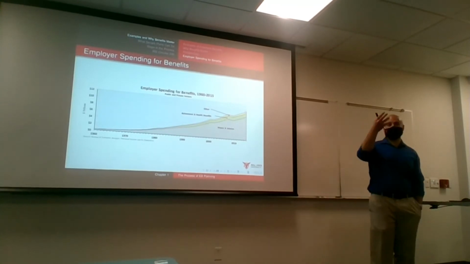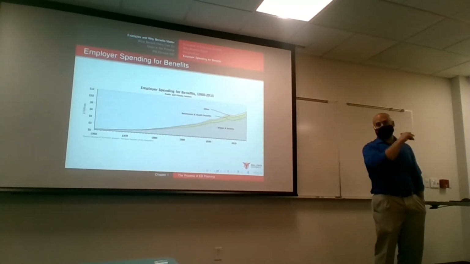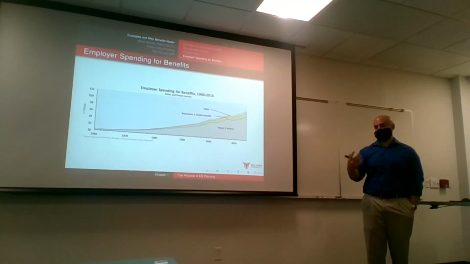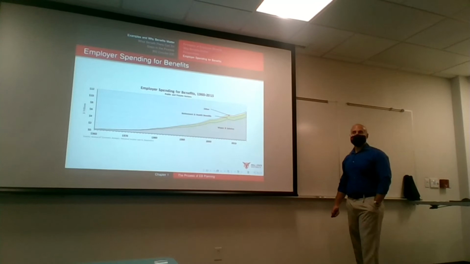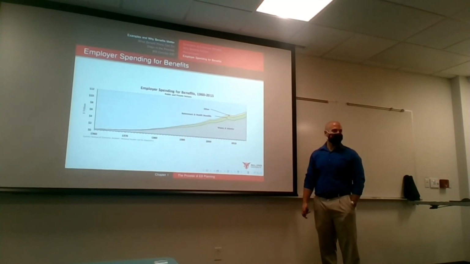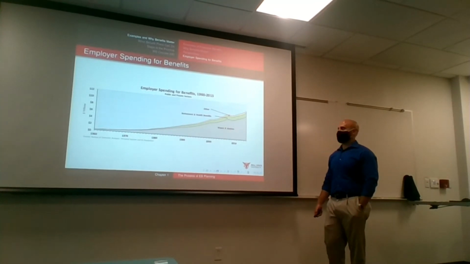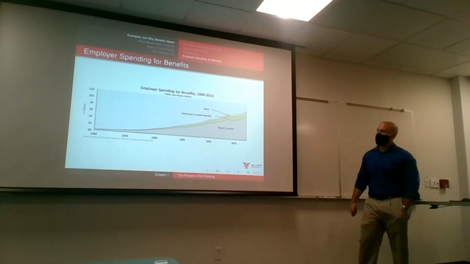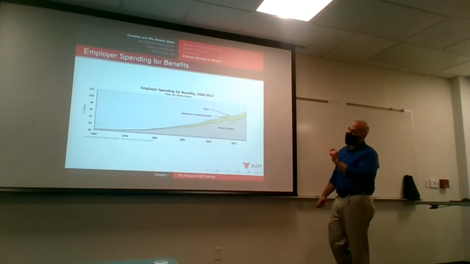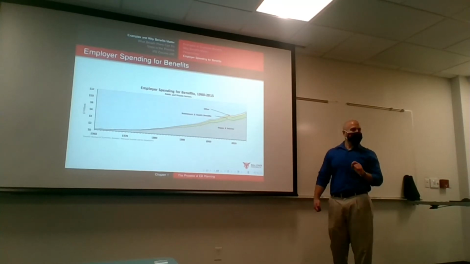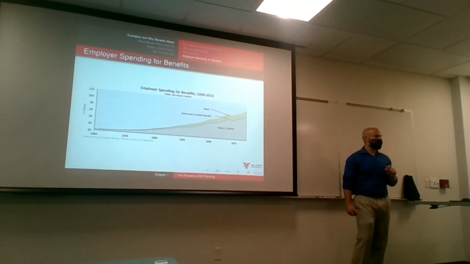So as healthcare cost goes up, so too does health insurance, because health insurance is just insurance for healthcare related needs. So as healthcare goes up, health insurance, all things constant, will increase as well. And we see that in the employer spending. And I would guess that employee spending on health insurance is probably also going up.